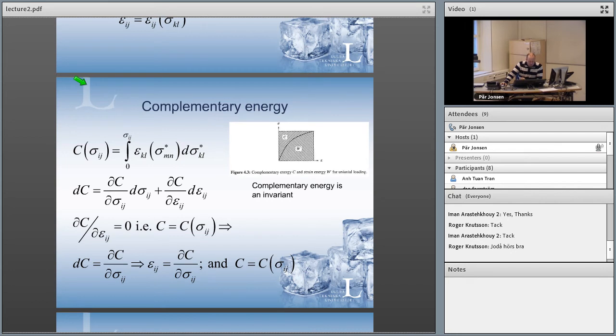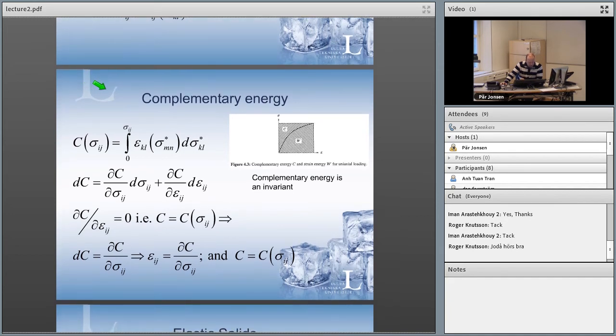So if you do that, you will find this relation here, and you can quickly look at this ratio here between C and dC and epsilon, and this one will be sigma 0. This means that the complementary energy is only dependent on the stress that you have in the system. So this means then that this relation is valid.